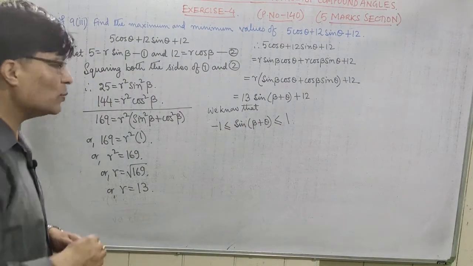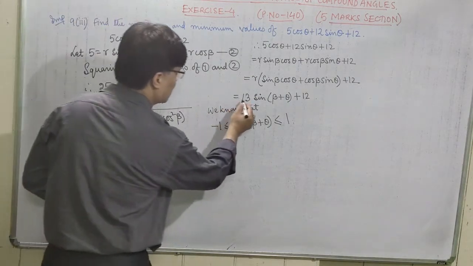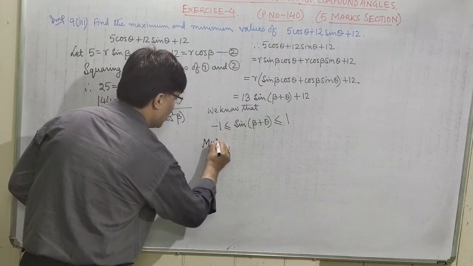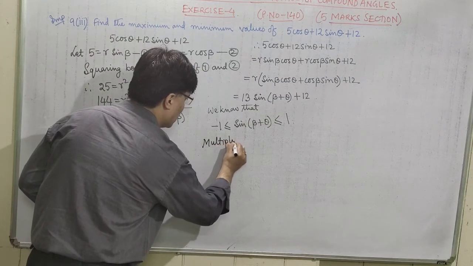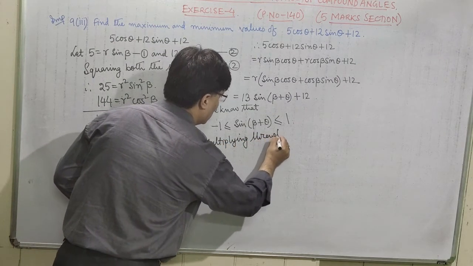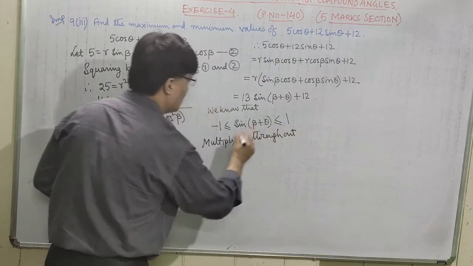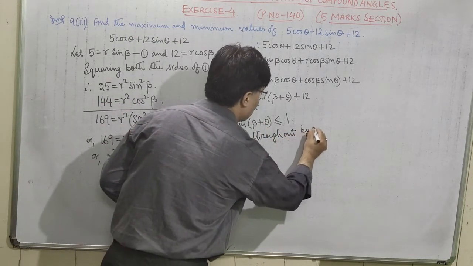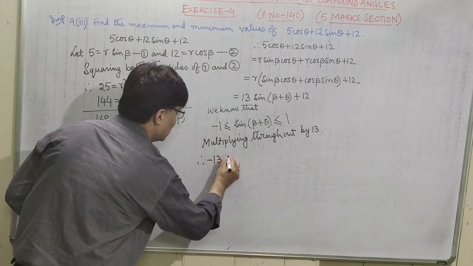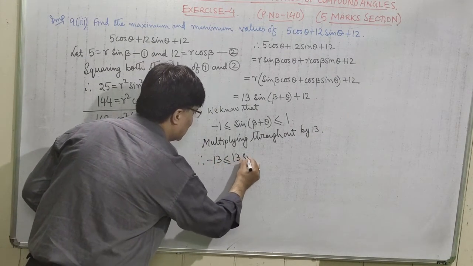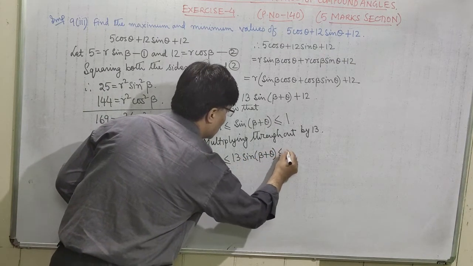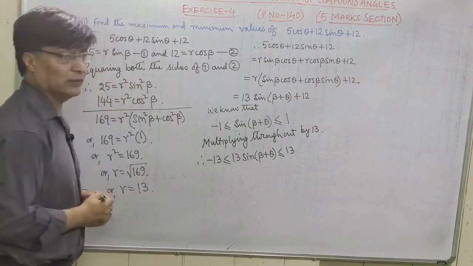So next, what will you do? Since there is 13 out here, you multiply throughout by 13. Multiplying throughout by 13. Okay. So therefore minus 13 is less than or equal to 13 sine of beta plus theta, which is less than or equal to 13.